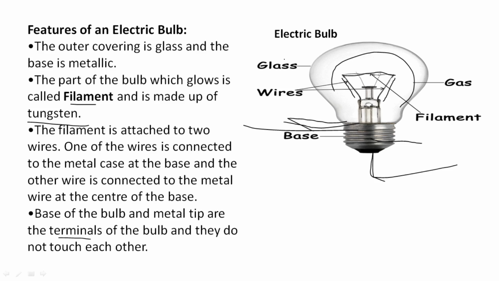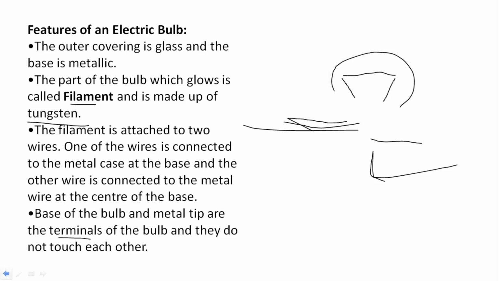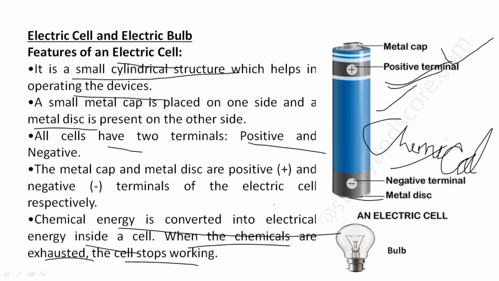So look at here, an electric bulb has two terminals, and we have seen that in electric cell also there are two terminals, that is positive and negative terminal.